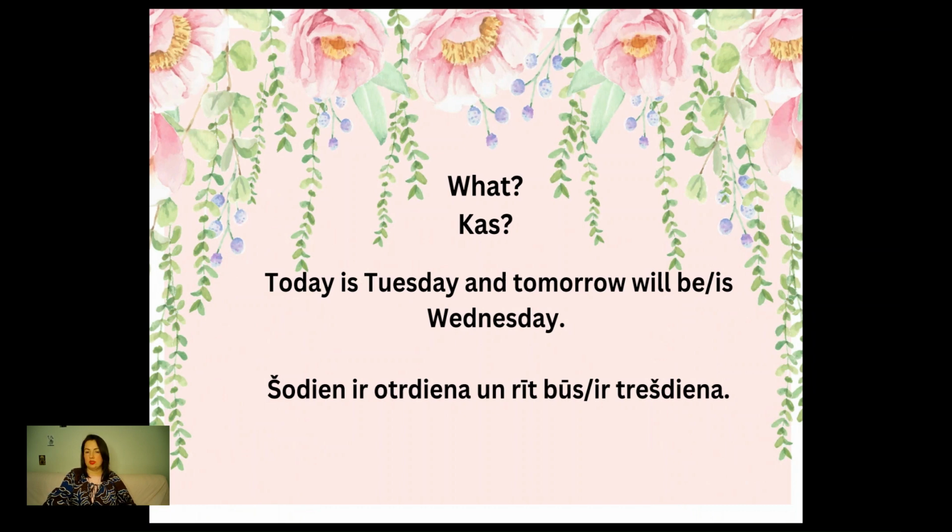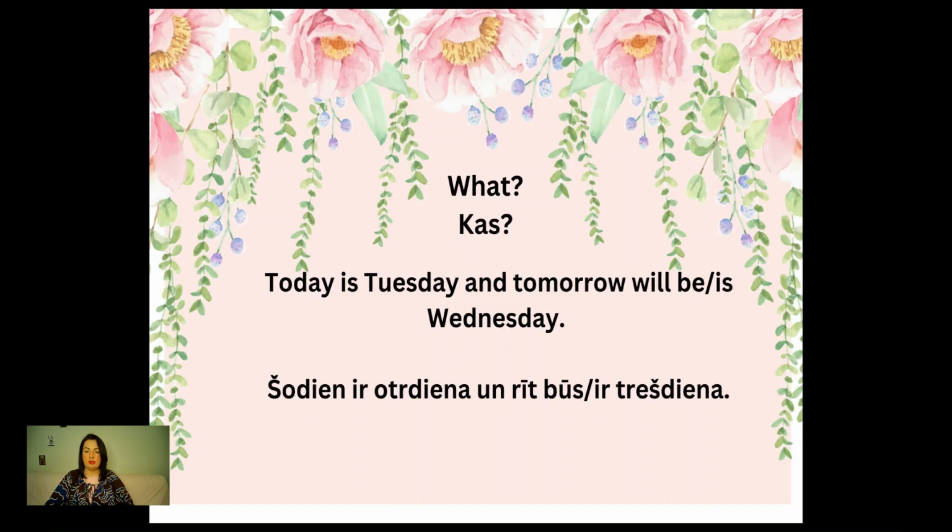Today is Tuesday and tomorrow will be Wednesday. Or you could say today is Tuesday, and tomorrow is Wednesday. Just stating the fact. So again, answering the question what, kas, for the day of the week. Šodien ir otrdiena un rīt būs trešdiena. Or you can say it with ir.